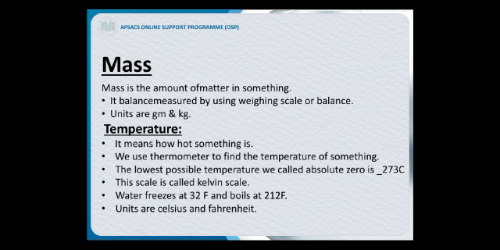The freezing point of water is 32 degrees Fahrenheit, and the boiling point of water is 212 degrees Fahrenheit. Fahrenheit is the second type of scale. First is Celsius, the short form is C, and the other is Fahrenheit, the short form is F. Units are Celsius and Fahrenheit.